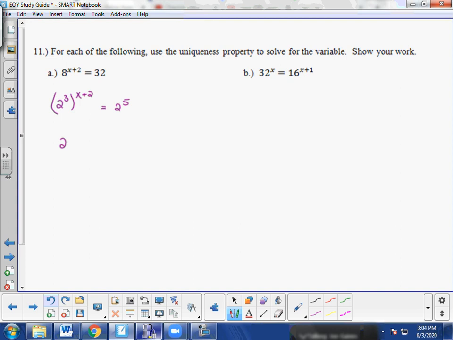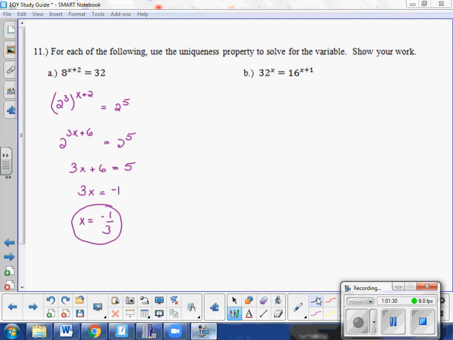So this over here on the left would be the same as 2 to the 3x plus 6 power. To the right, I'd have 2 to the 5x power. So now, because I have two bases that are the same, the exponents have to be the same. So 3x plus 6 equals 5x. Subtract 1 from both sides, and then divide by 3. So x would equal negative 1/3 in this instance.